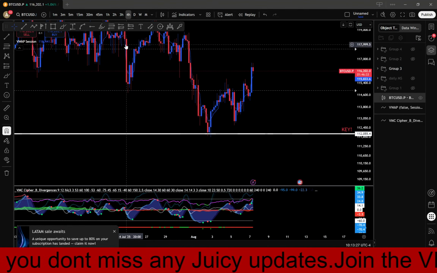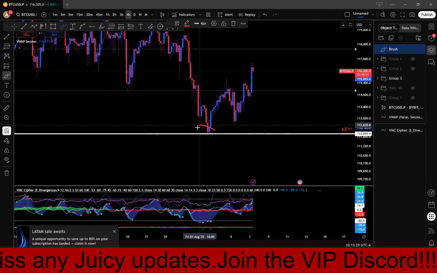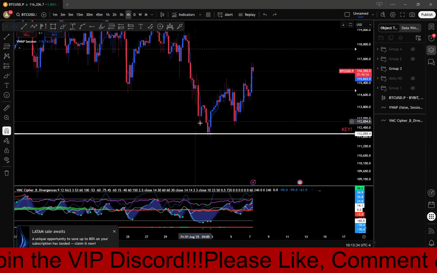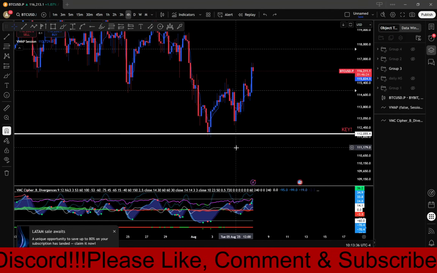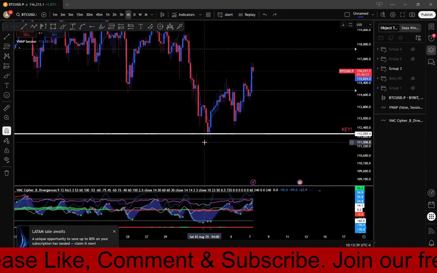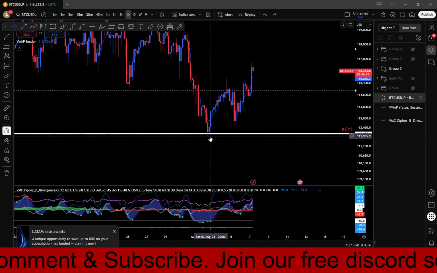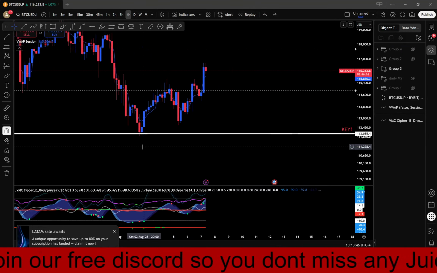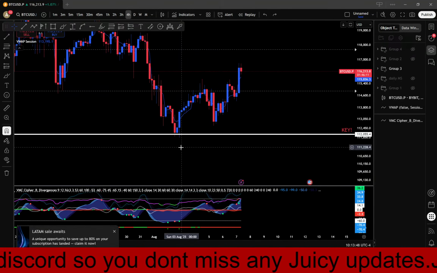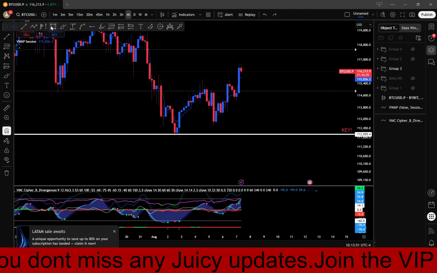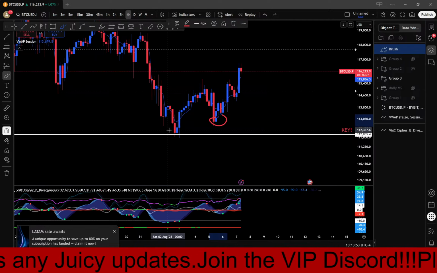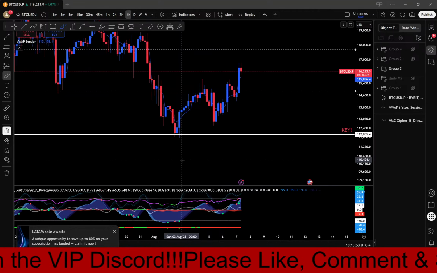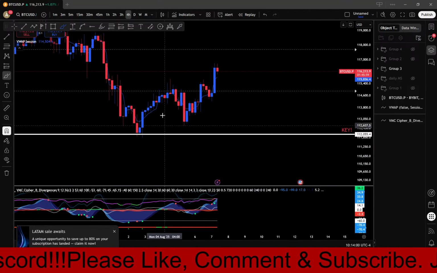We retested that level to the dollar right there, and we came down, retested that level and bounced from it. So currently I'm in a long position from this retest of the demand zone that we created.